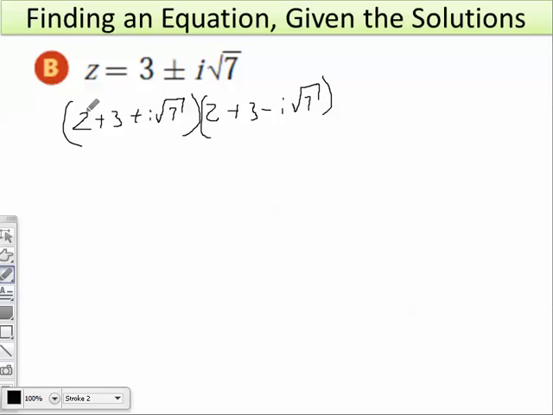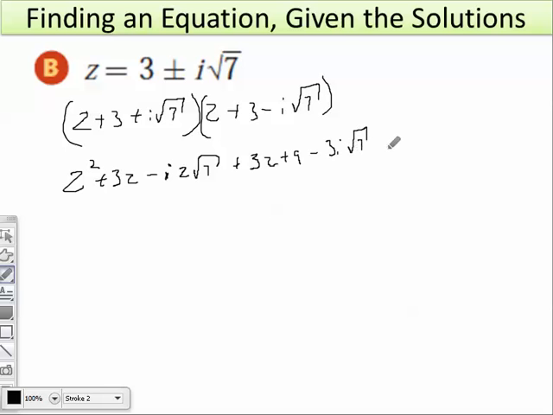So I'm going to multiply the z times everything on this other one, and I'm going to get a z squared plus 3z minus iz square root of 7. And I'm going to get a 3 times everything over there, plus 3z plus 9 minus 3i square root of 7.